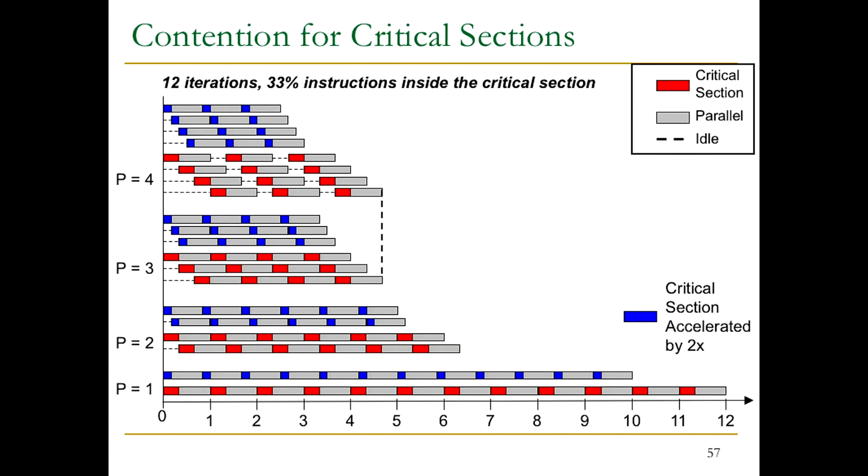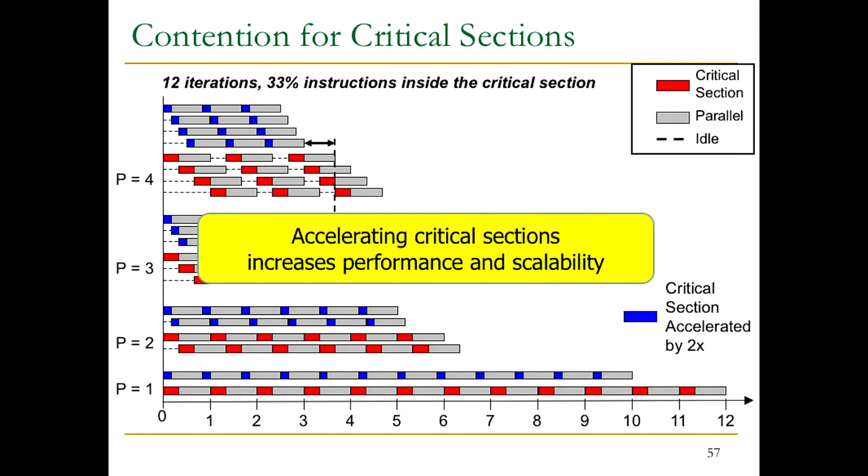So going from 3 to 4 threads buys you performance if your critical sections are not the bottleneck in the system. That's why we can improve scalability also by getting rid of these serial sections as much as possible. And that will be our goal. You can increase performance as well as scalability. Scalability is the number of threads at which performance saturates or starts going down.